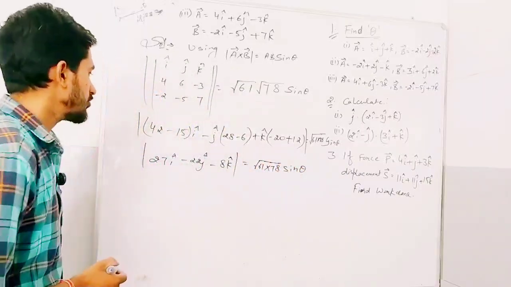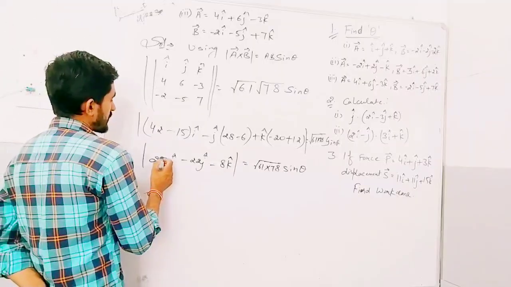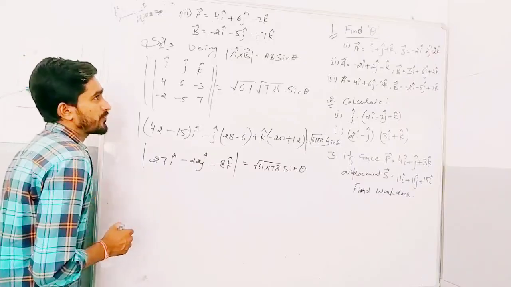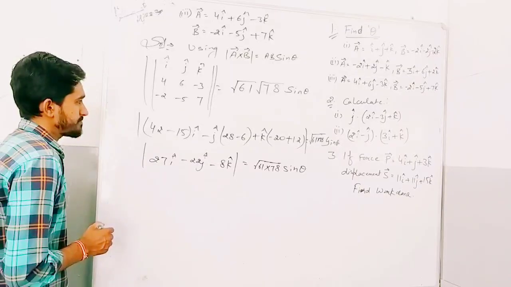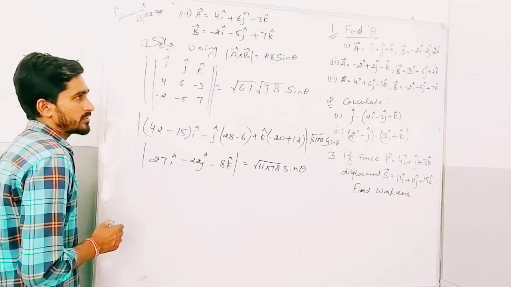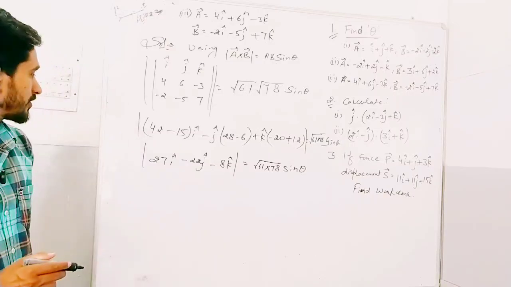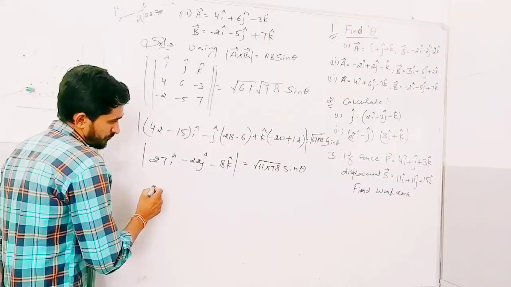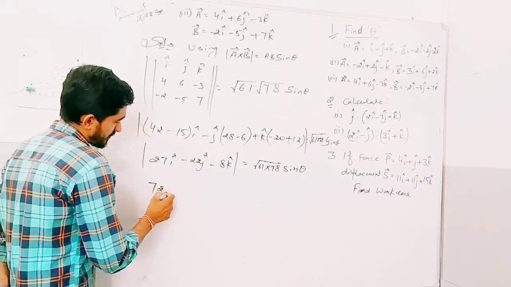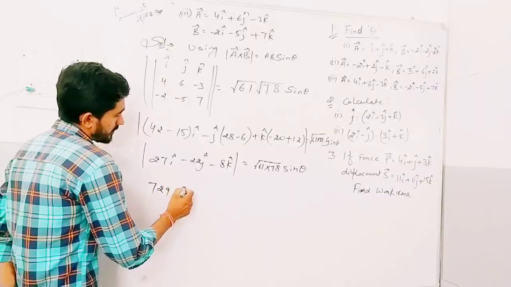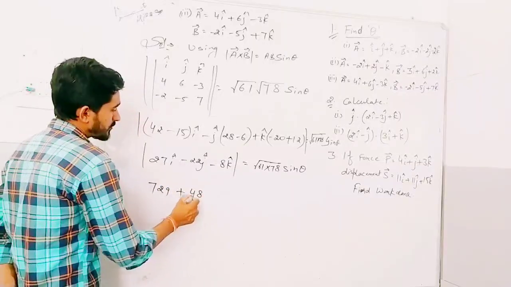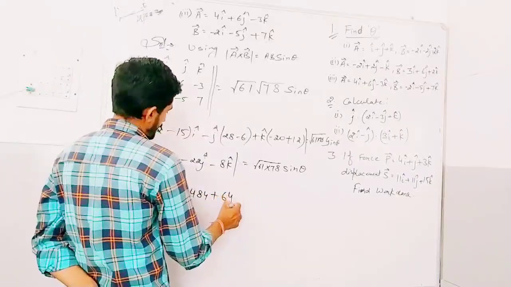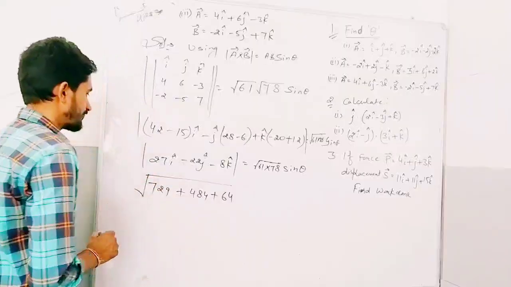Is there any valuable thing that comes out? 27 square gives 729, I think so. 729 plus 484 plus 64, under root.